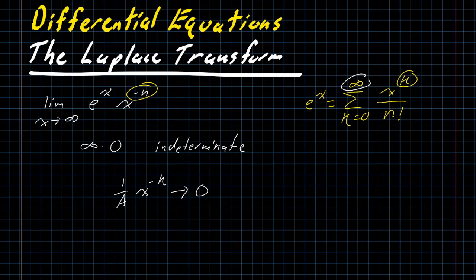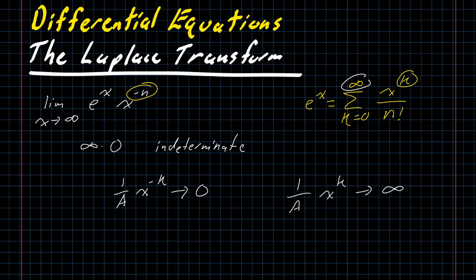Right? Your factorial, 1 over some constant a, times x to the negative k power for something k, is going to go to 0. And no matter what your factorial is, 1 over that factorial times x to some positive power, k, is going to go to infinity.